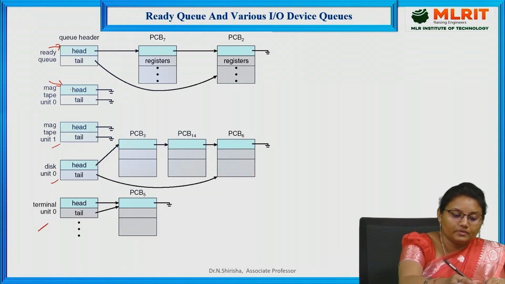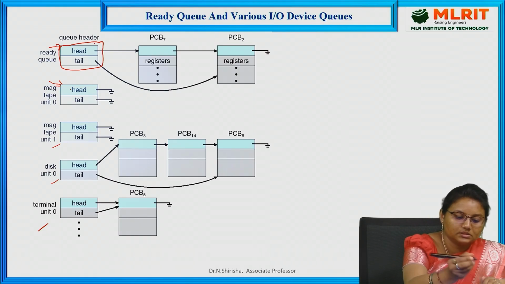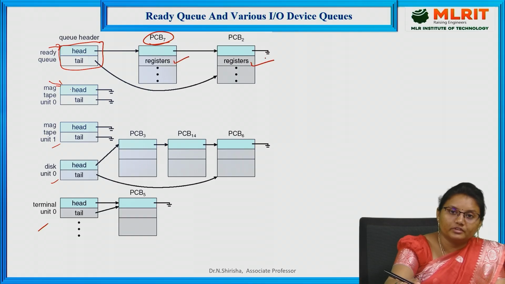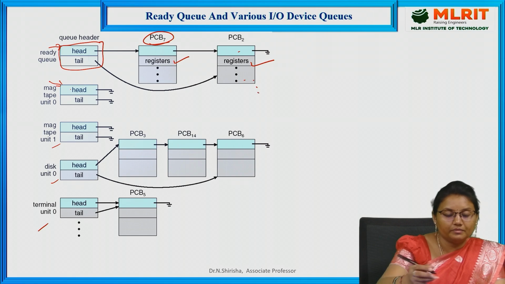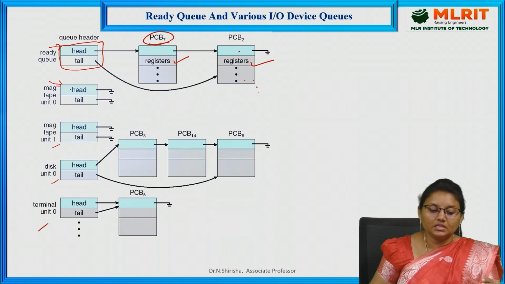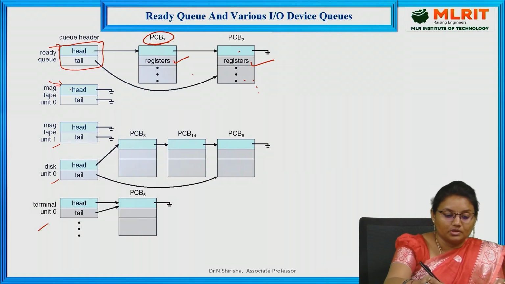So here, whenever you have processes in the ready queue, each should have its process control block. So what is a process control block? It stores data in the form of registers, stack, open files, etc. Whatever we have seen in the PCB, the entire information will be seen here in the process control block.